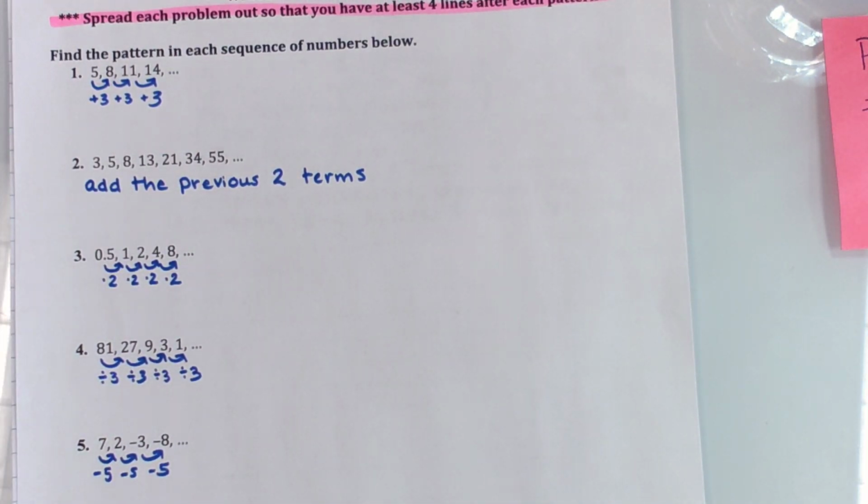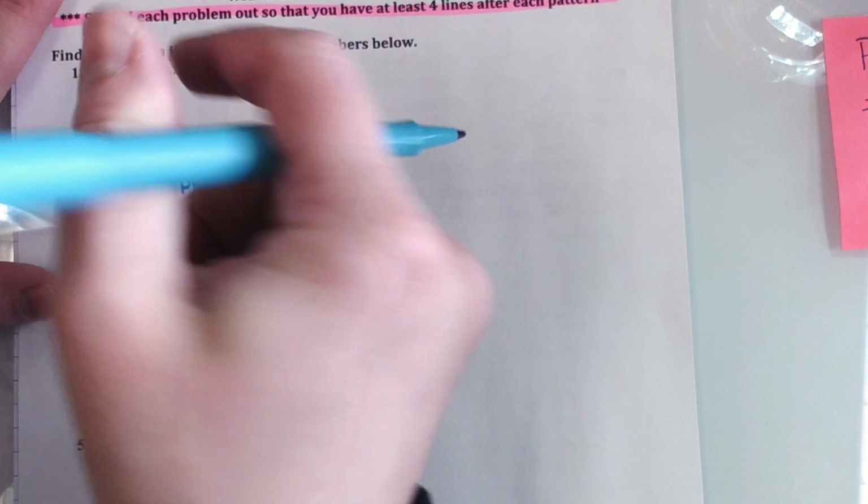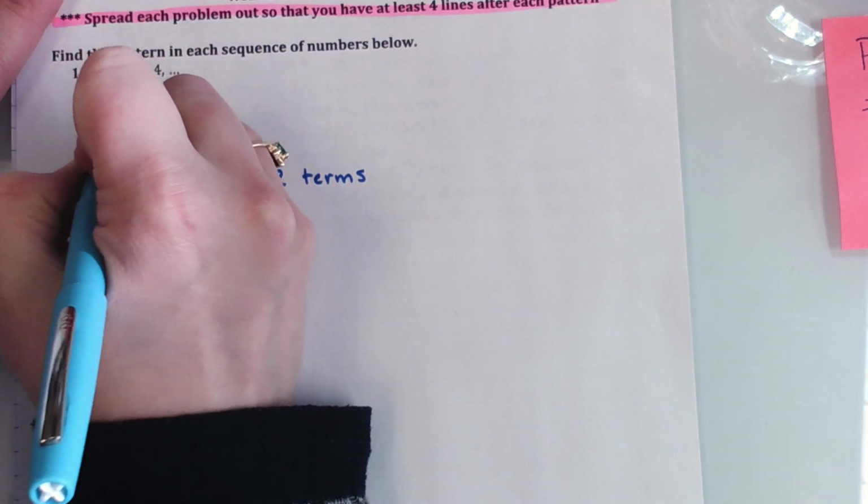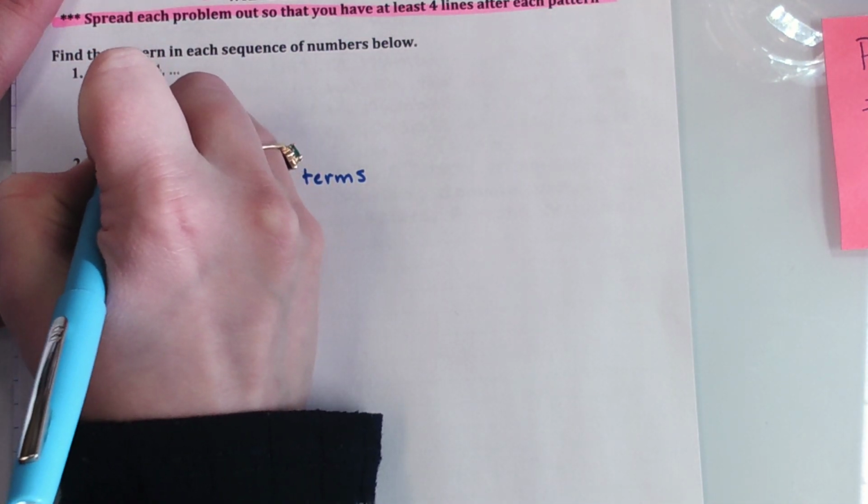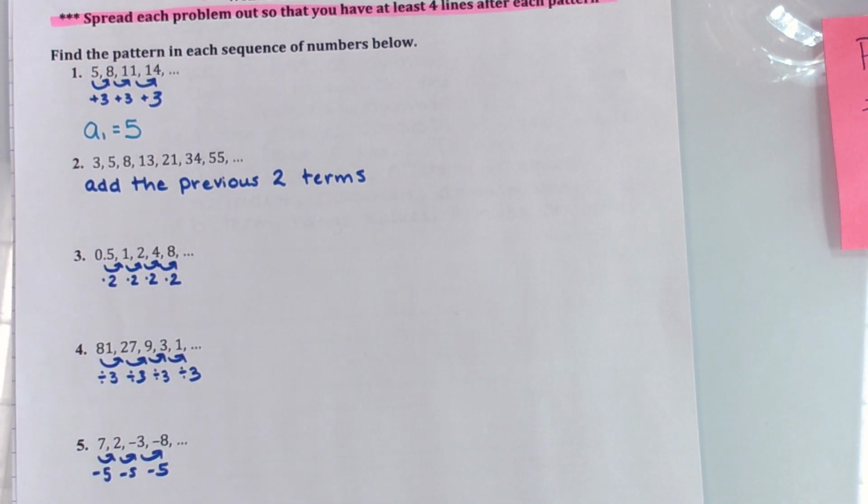It's known as a sub 1. So in this pattern here, a sub 1 is equal to 5, because that's the number in the first spot. It's our starting value. Now, if I tell you the pattern starts at 5 and adds 3 every time, could you start writing out the pattern then? Yes.